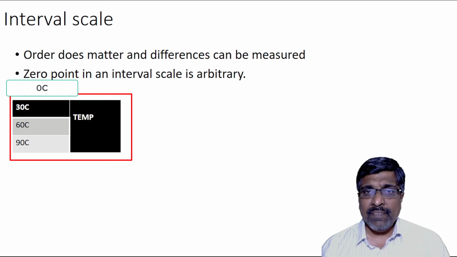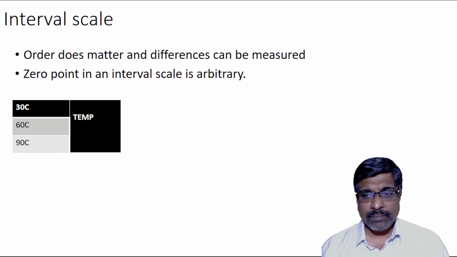So in an interval scale, we do not have the starting point as 0, unlike other scales, like when we go to the ratio scale, where we are going to have the starting point as 0. So what we need to understand in an interval scale is, first of all, it has an order, so you can measure the differences. And if you wish to add a 0, you can add a 0, but it does not make any sense in the context. So this is an example of an interval scale.